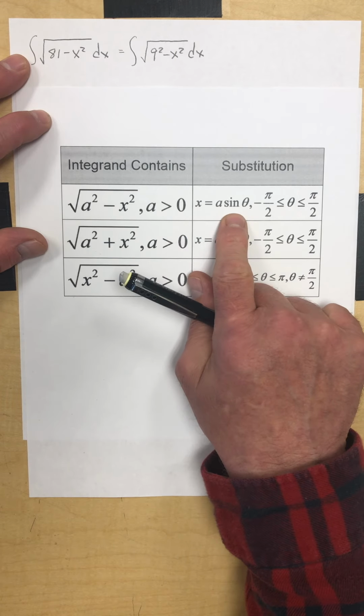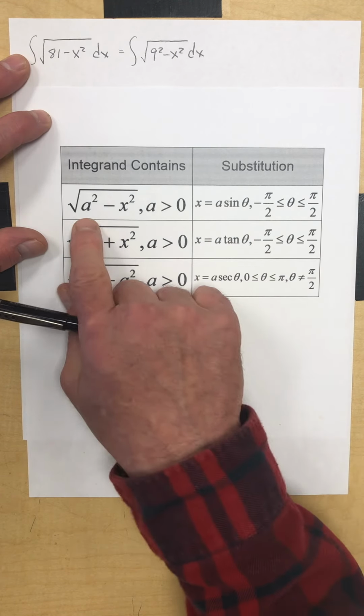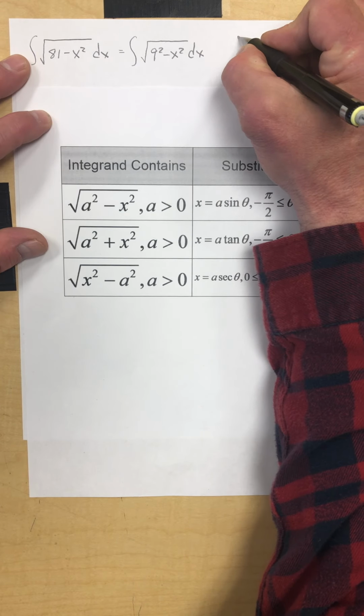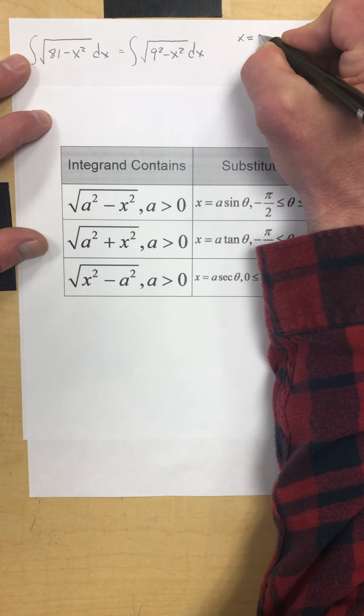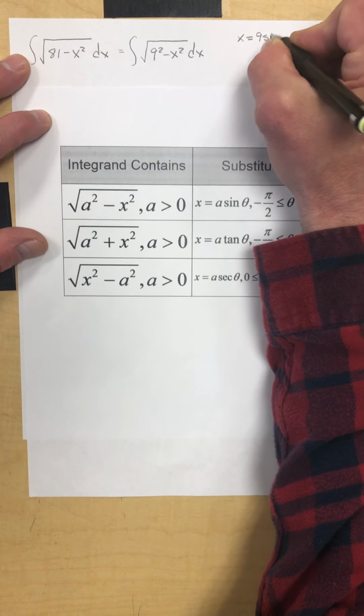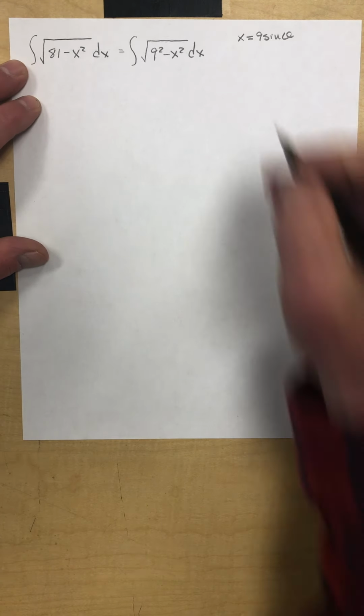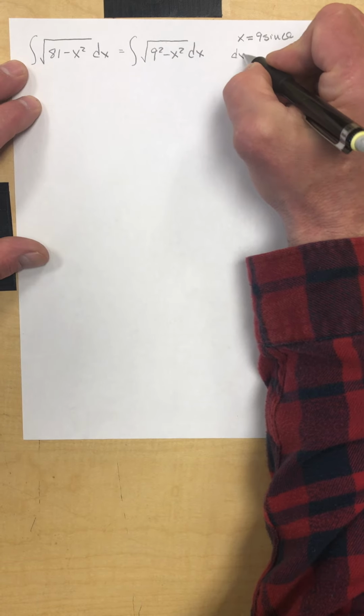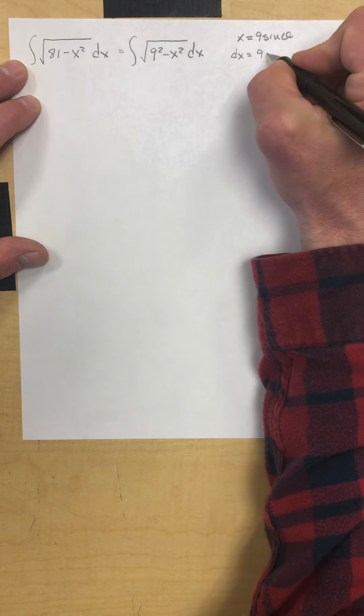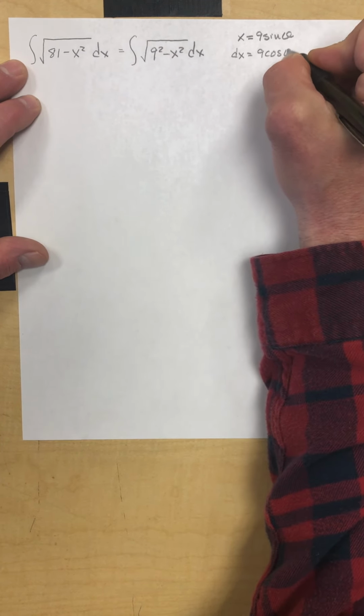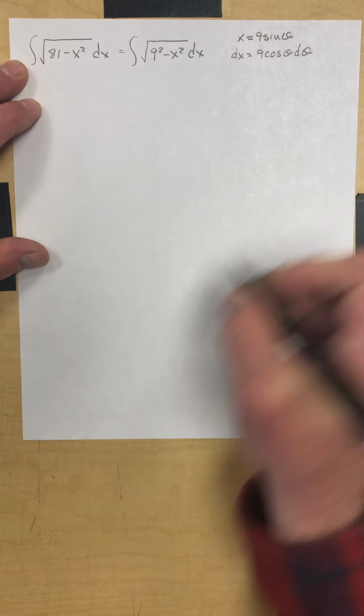So my x has to be a sine of theta, where a here is 9. So I have to substitute in x equals 9 sine of theta. That means my dx is equal to 9 cosine theta d theta.